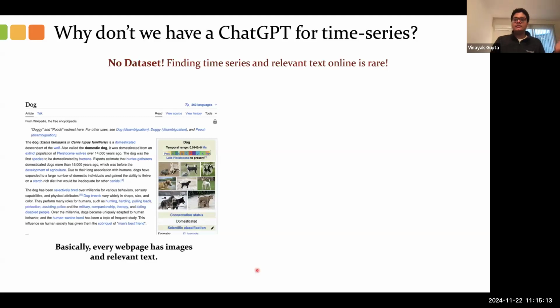The reason we don't have a data set is that the combination of time series and text together, where the text describes a time series, is incredibly rare on the internet. So you have several pages, several posts where you have images and then you have corresponding text. Therefore, you can download them or crawl them. You have a large language model trained on them. That's easy.